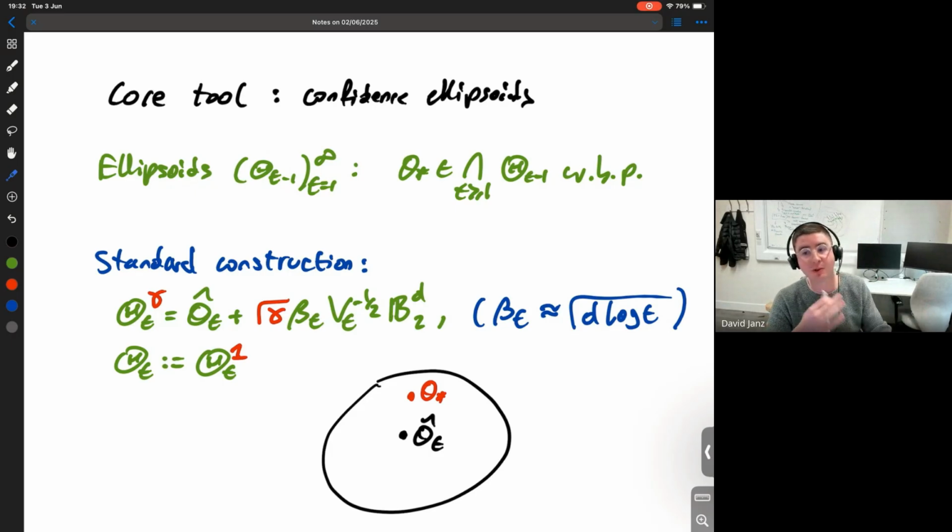So this allows for actions to be chosen sequentially, just the standard setting we have. And Janz's construction would look something like this. The ellipsoids are centered at the mean estimate, plus some multiplier beta t times the ellipsoid we have here. So this is the unit ball transformed by the inverse square root of the design matrix.